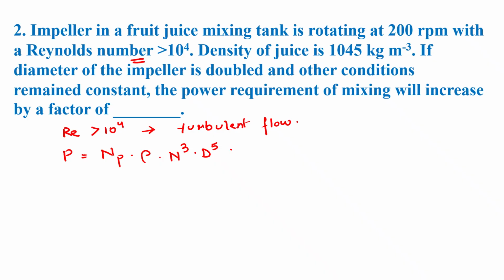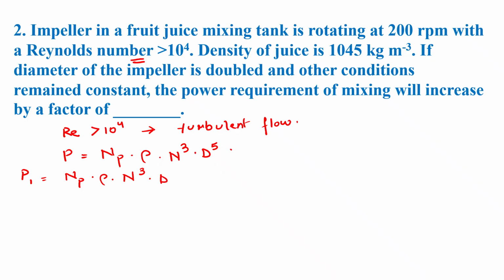Rho is the density of the fluid, that is 1045 kg per meter cube, and N is my rotational speed, that is 200 rpm, and D is the impeller's diameter. So for initial power, we'll say P1 for initial. So everything will be NP rho N cube D to the power 5.